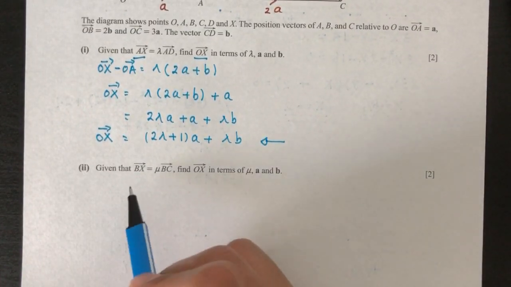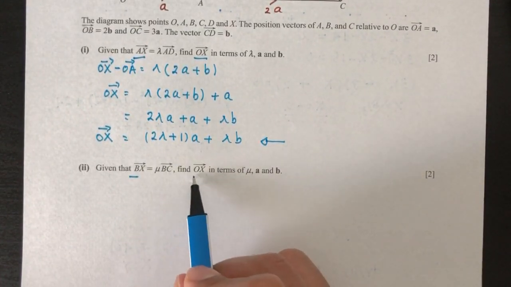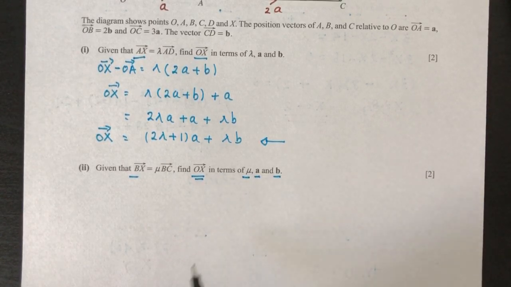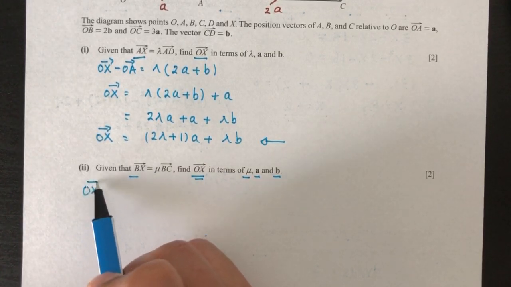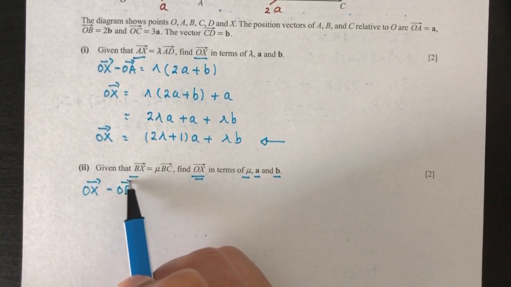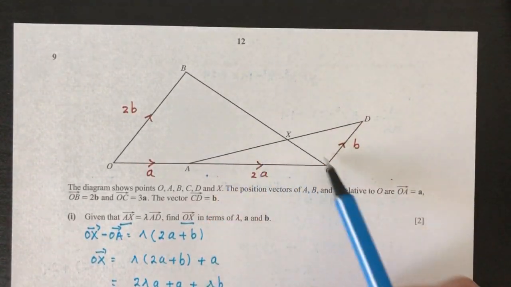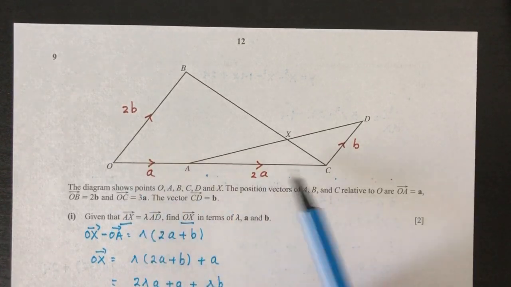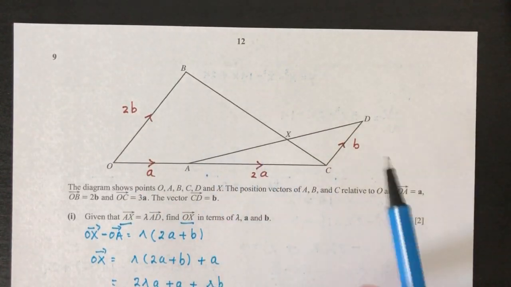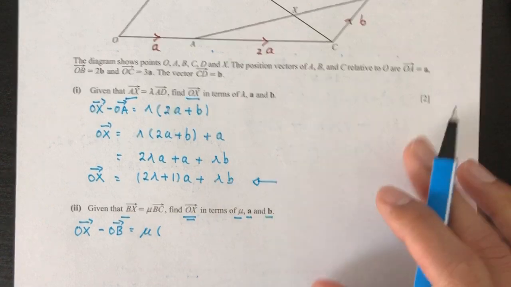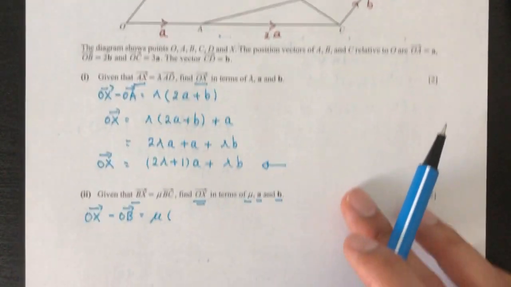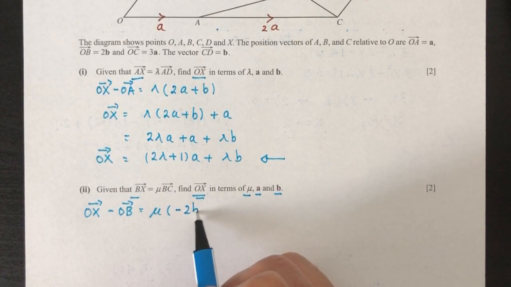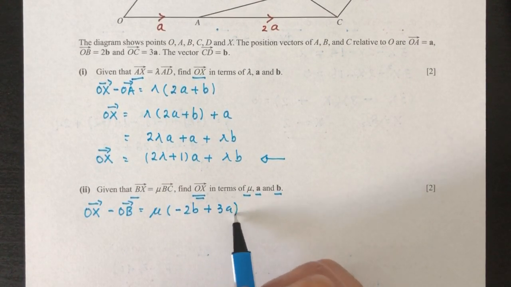Now for part 2, given that BX is equal to this, find OX in terms of this, this, and this. So BX again is OX minus OB. Mu times BC. So where's BC? B going to C will be B going to O going to C. That will be minus 2B plus 3A.